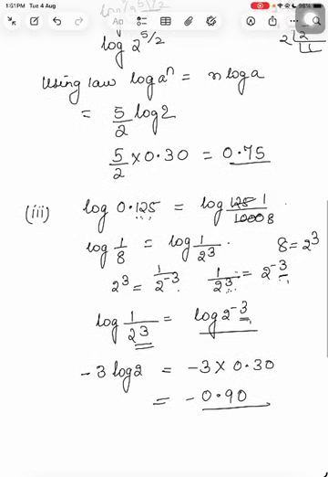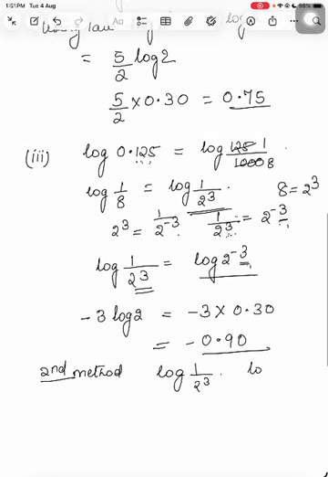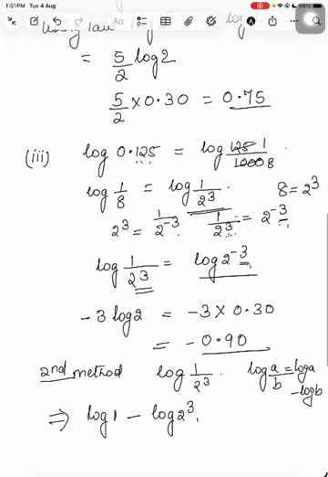Now over here, I'll show you the other way, the second method. It's log 1 by 2 raised to the power 3, and we know the law of log, log a by b is log a minus log b. So this can also be written as log 1 minus log 2 raised to the power 3.